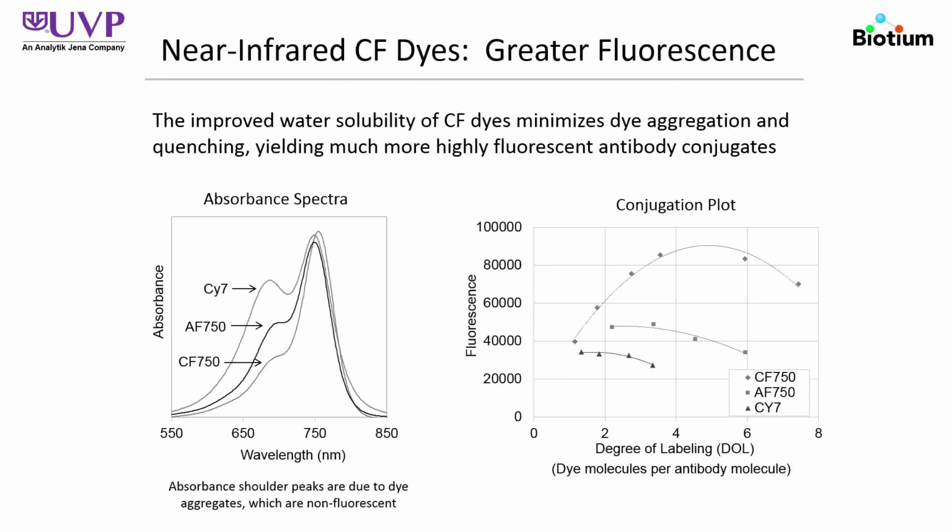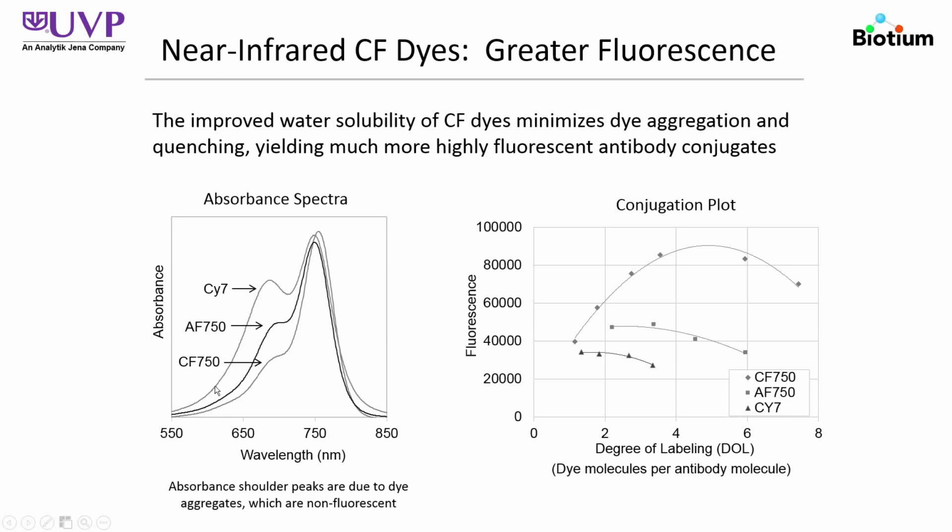The improved water solubility of near-infrared dyes also enhances their fluorescence. This is because, as I mentioned before, when the dyes aggregate, their fluorescence is quenched. These dye aggregates tend to show up in the absorption spectra of the dye. Here's a comparison of three different absorbance spectra for these near-infrared dyes that absorb at 750 nanometers.